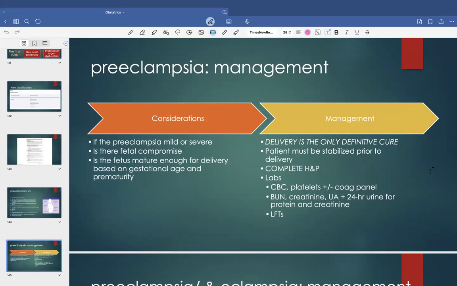The patient must be stabilized prior to delivery. You want to make sure you do a complete H&P. There may be labs you want to order, liver function tests. We know increased liver enzymes are possible. For the baby, fetal evaluation, non-stress test, biophysical profile to help determine distress.